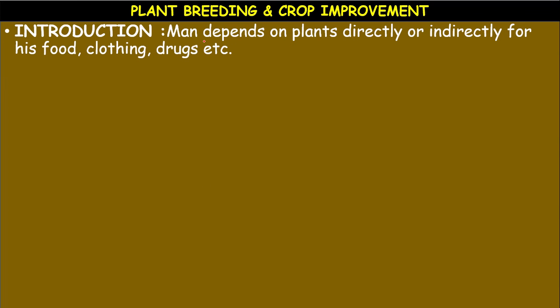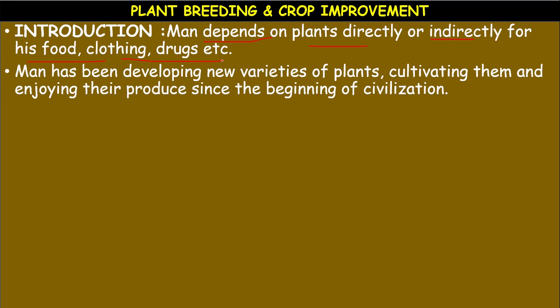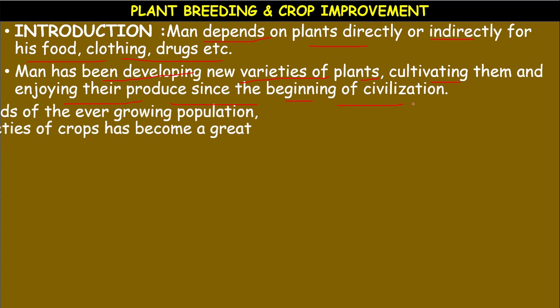So, man depends upon the plants directly or indirectly for his food, clothing, medicines, etc. Man has been developing new varieties of plants, cultivating them and enjoying their produce since the beginning of civilization, isn't it?